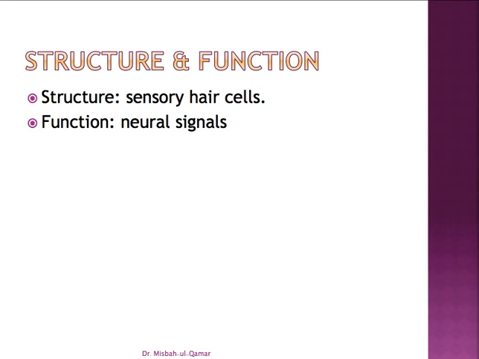Now, as far as function is concerned, the hair cells which are located in the organ of Corti transduce the mechanical sound vibrations into the nerve impulses, and this is how the neural signals for hearing are generated. Right.